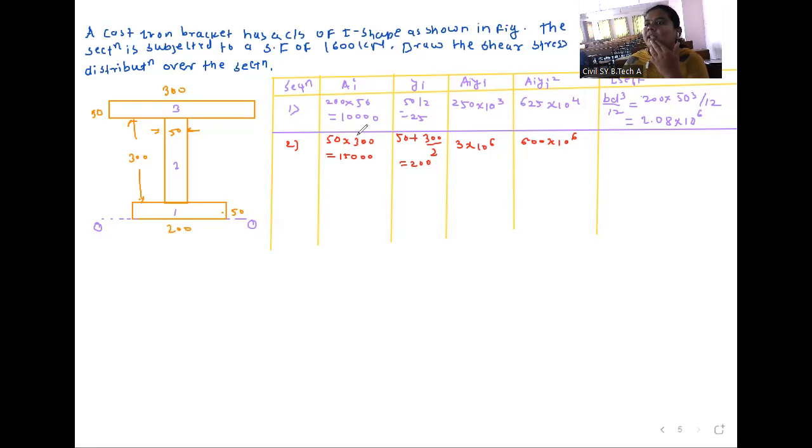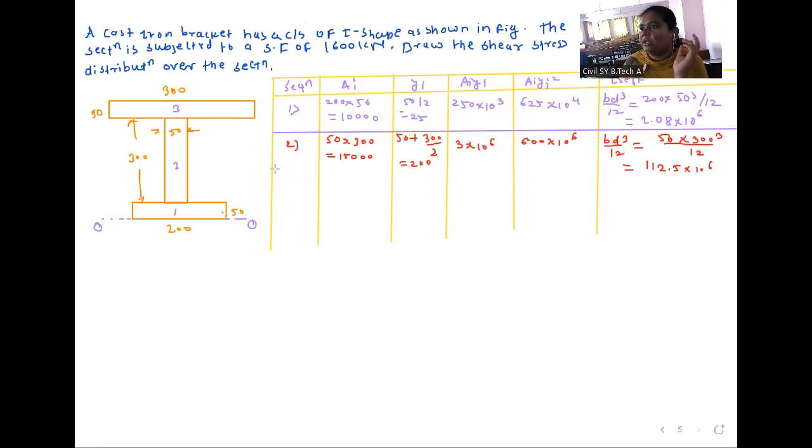After that, again this is a rectangular section. So bd cube divided by 12. So width is 50 into depth 300 cube divided by 12, which is equal to 112.5 into 10 raised to 6. Now section 2 is over.